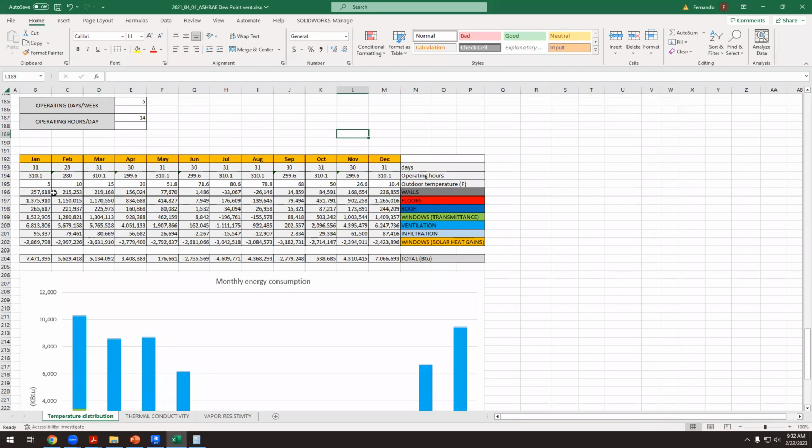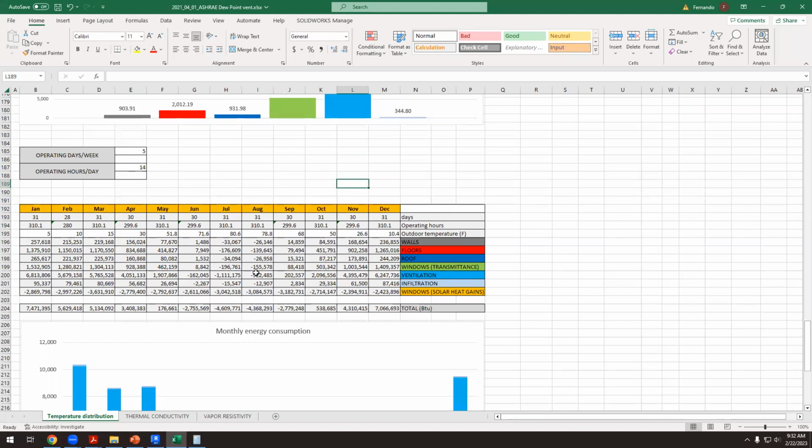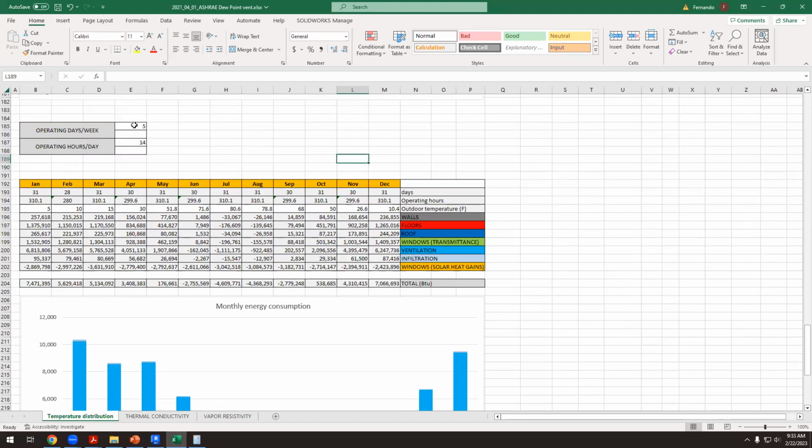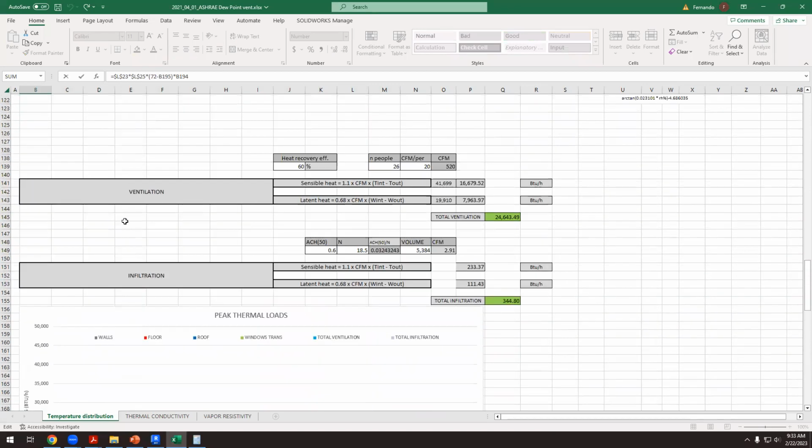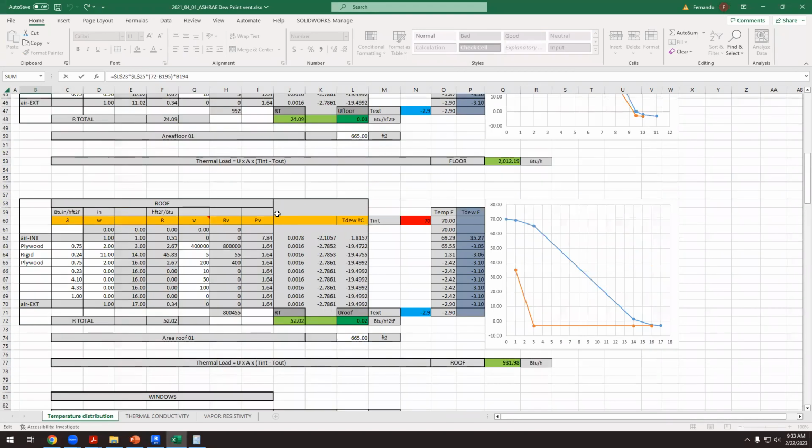So this is how it works. To calculate the monthly performance, we need to know the operating hours per month: operating days per week times operating hours per day. Then here we have to select the average temperature in the city in which we are analyzing the building. And these are formulas, so probably all this is protected. This formula has to do with the area of the walls.